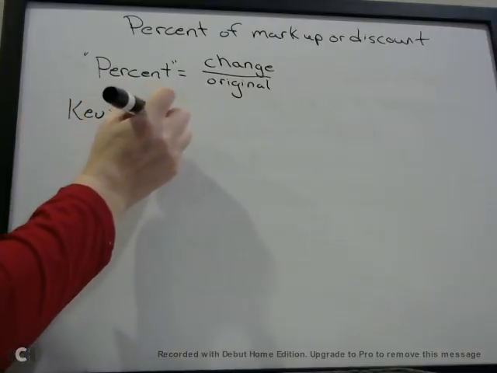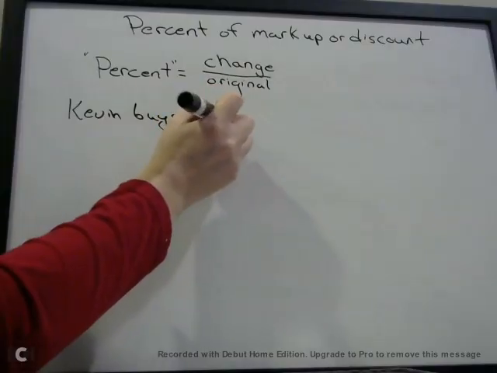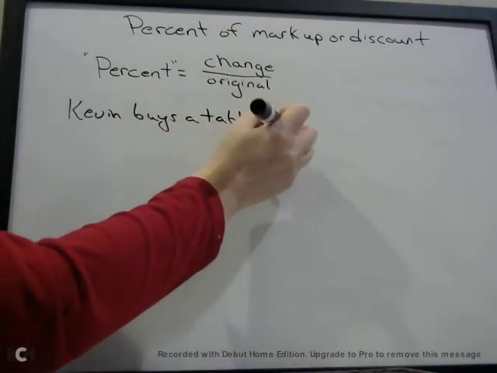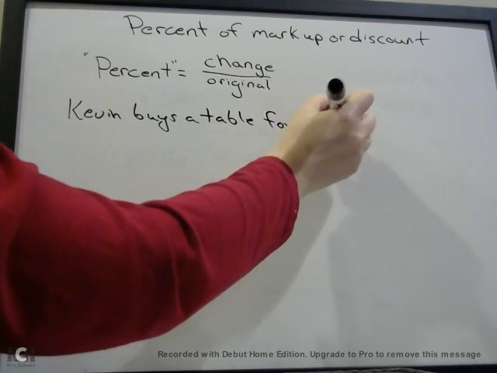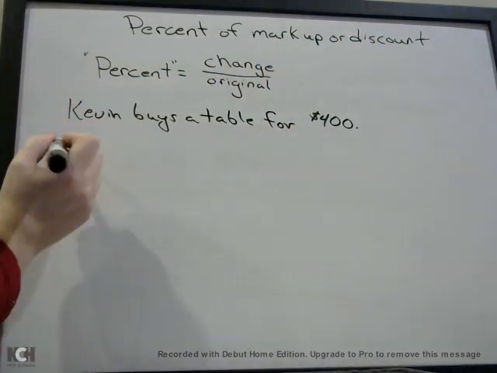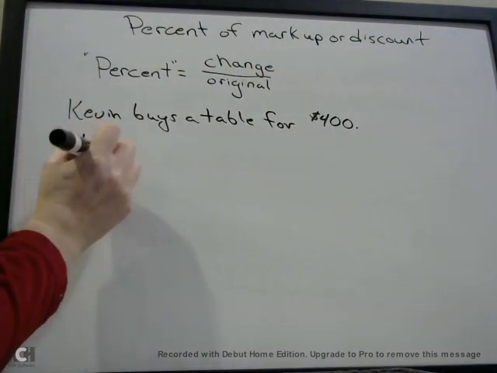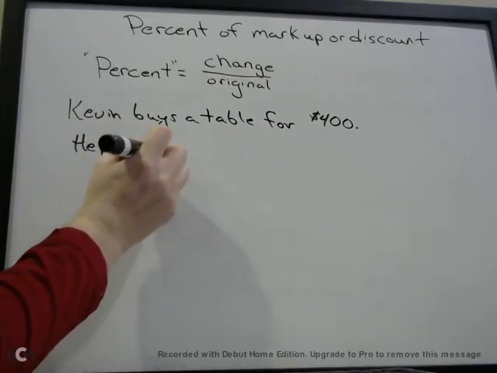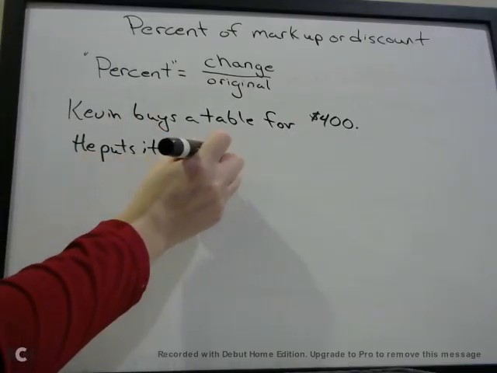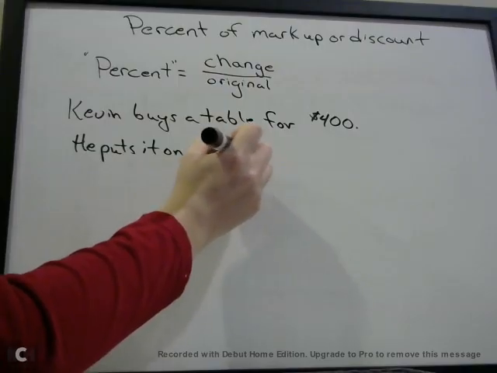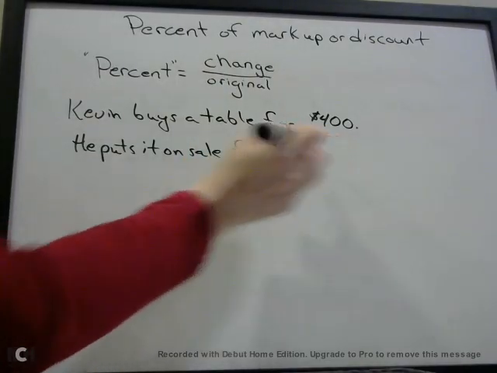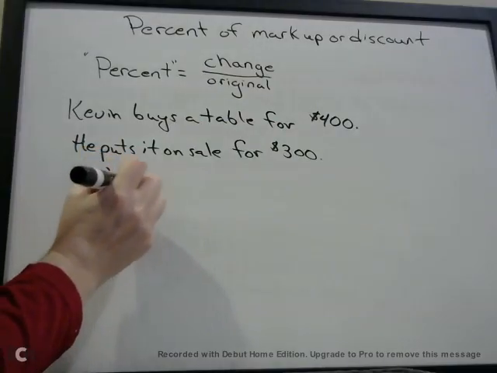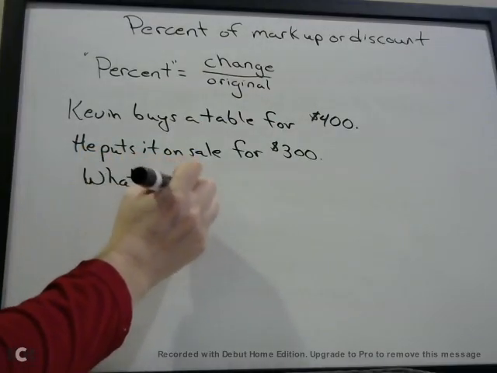So Kevin buys a table for $400. He puts it on sale for $300. What is the discount? What is the percent discount?